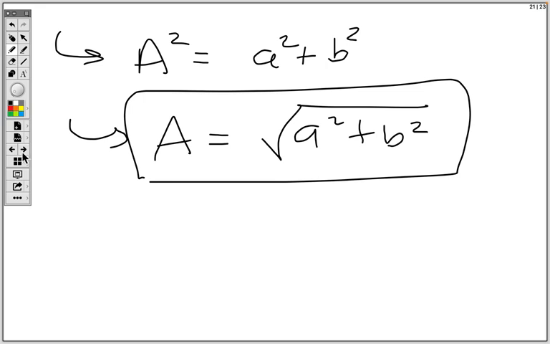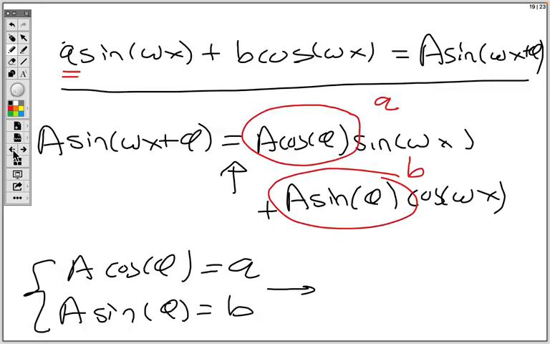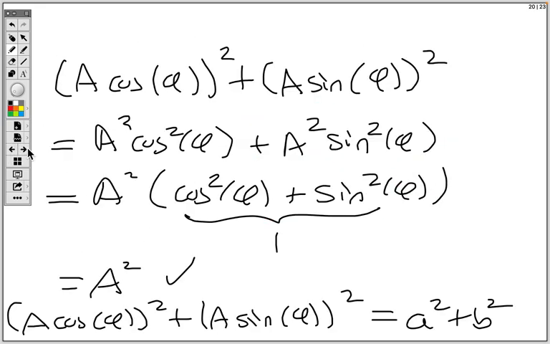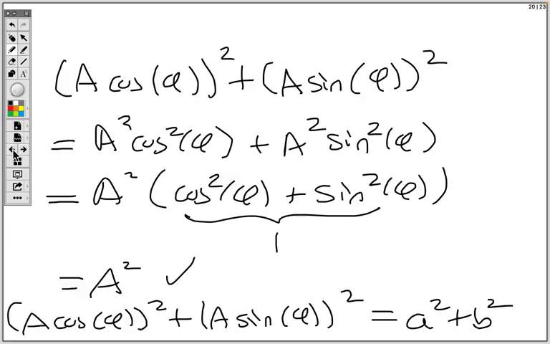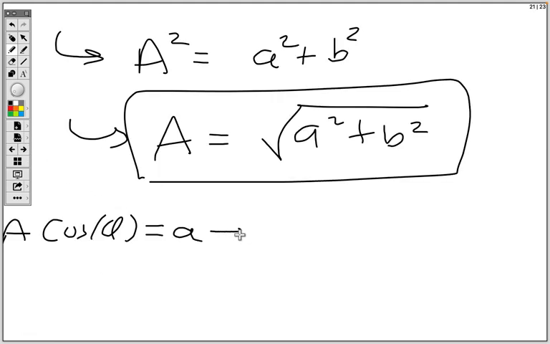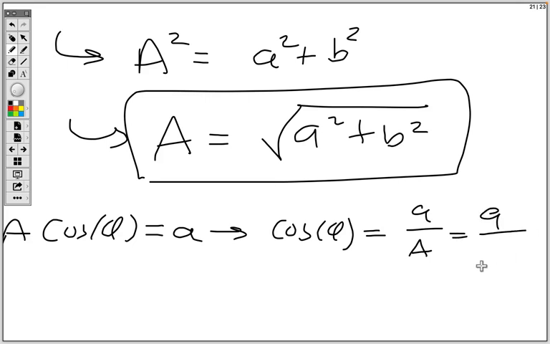and so now I go back to my system here. I know what capital A is, so I know that A cosine of phi is little a. So that means cosine of phi is little a over big A. That's little a over the square root of a squared plus b squared.